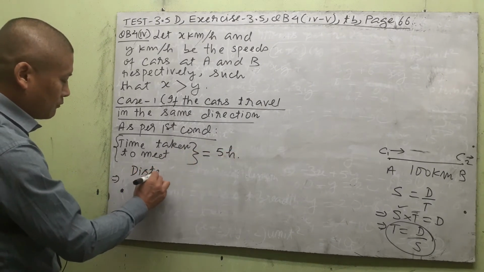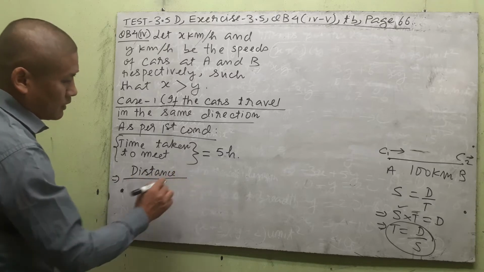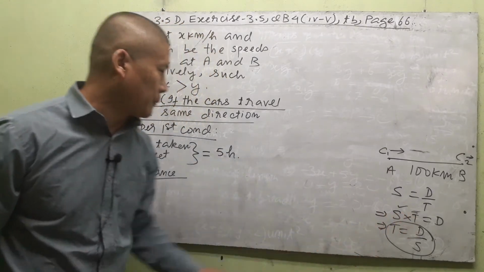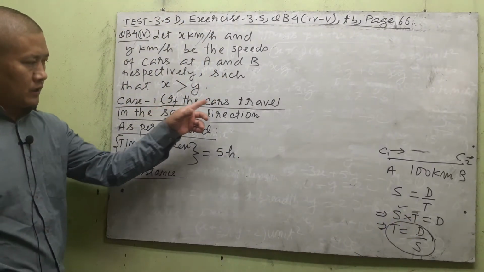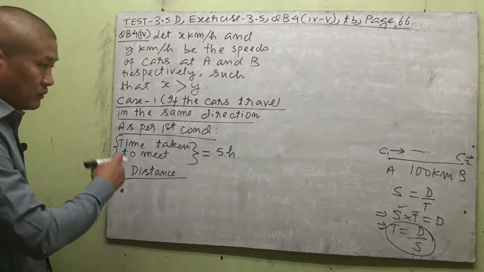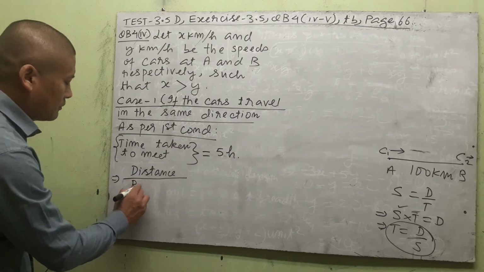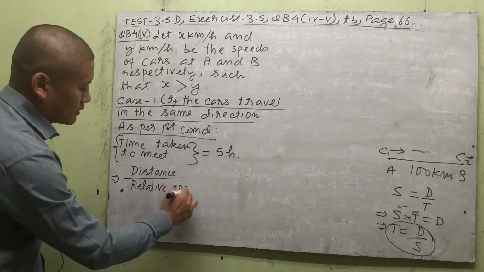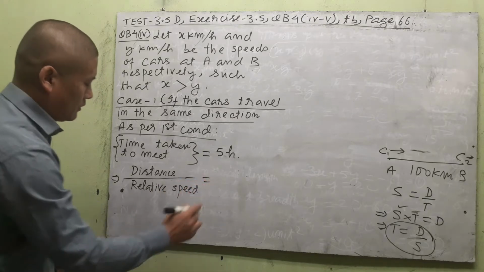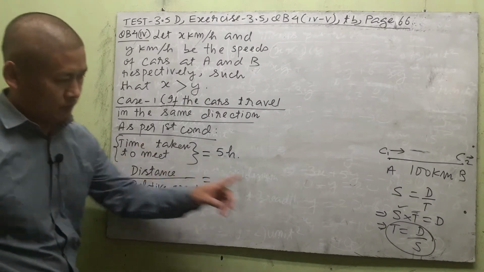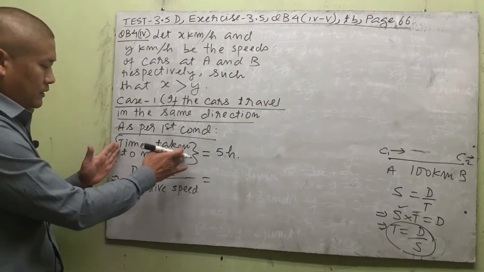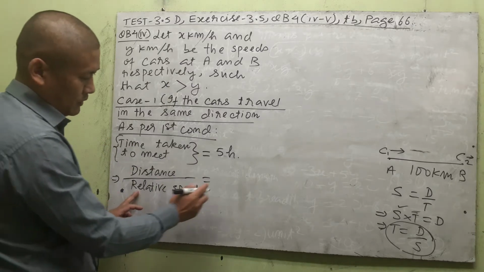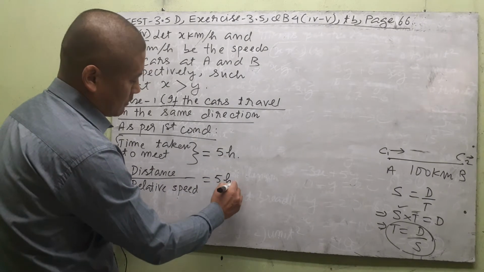Distance between them before they move, that is distance by speed. But if it's only one object, we can just write speed. But here, two moving objects, two cars are moving, therefore it has to be relative speed and not simply speed, relative speed of the two objects. So distance by speed is time. We'll use the formula to replace this time here. Time equal to distance by relative speed, or speed equal to these two is the same.